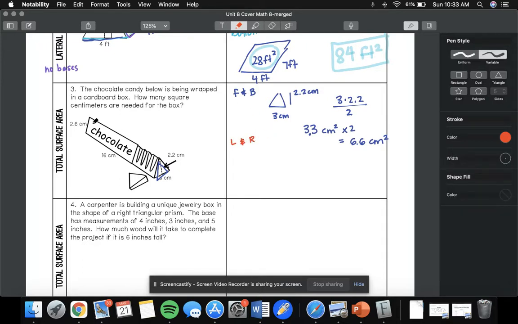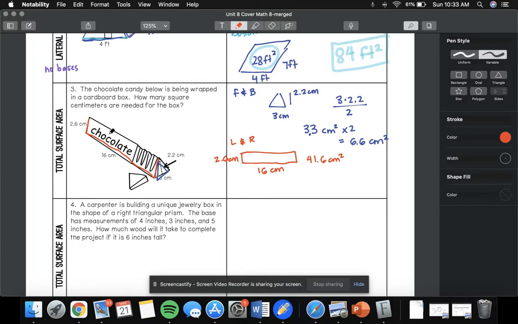Okay, so we look and we see that this side that we can see is 16 centimeters long, and then it looks like it is 2.6 centimeters tall. So I'm going to do 16 times 2.6, and I get 41.6 square centimeters.